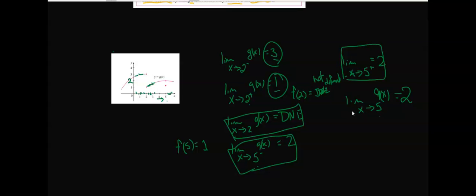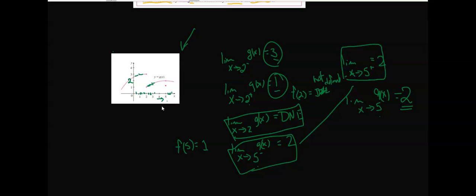If the left equals the right, then the general limit is what they are both equal to, which is 2. This is a nice example of limit questions using a graphical understanding.